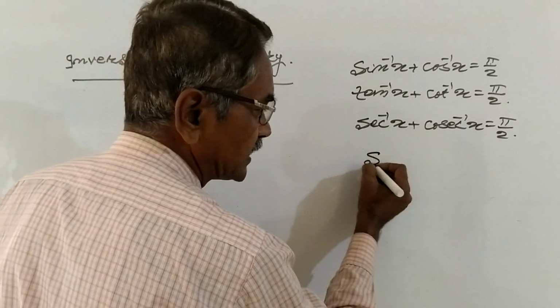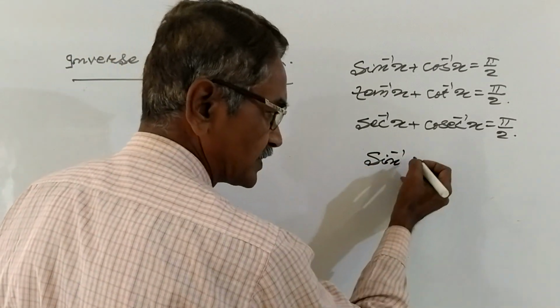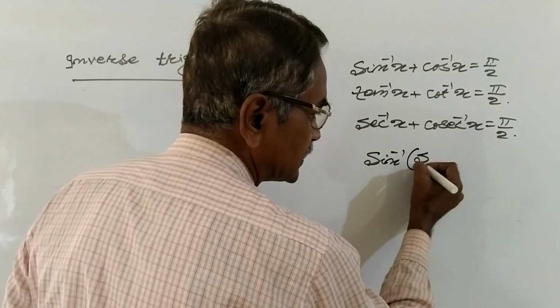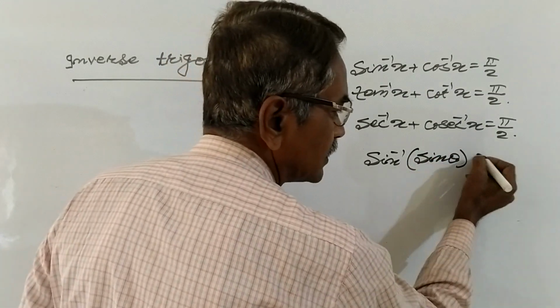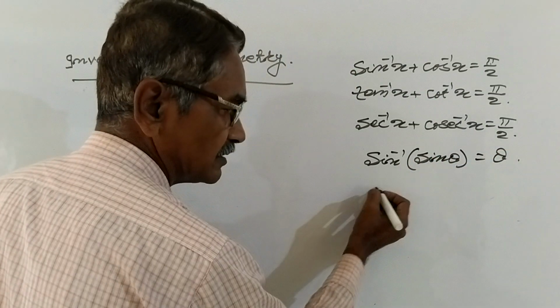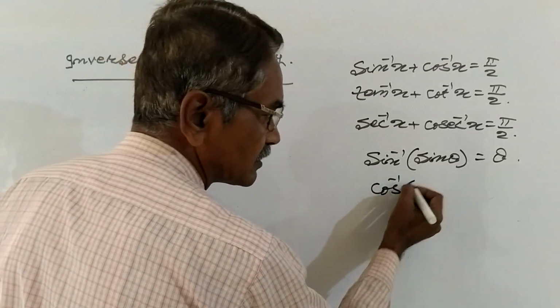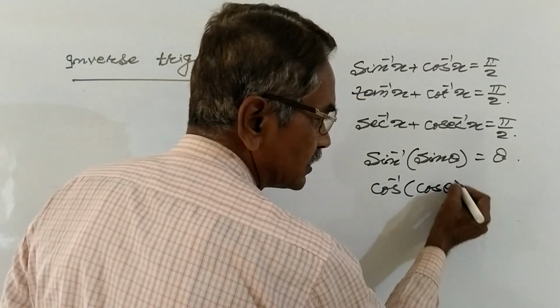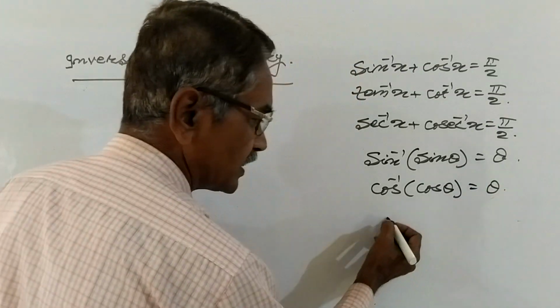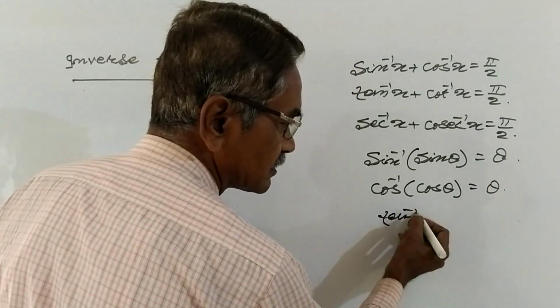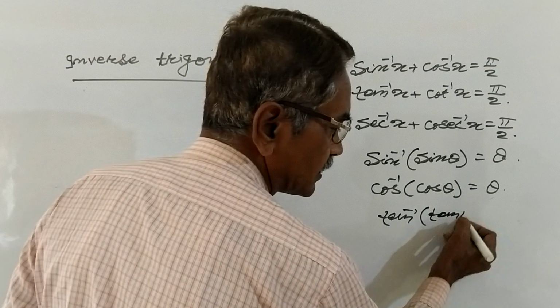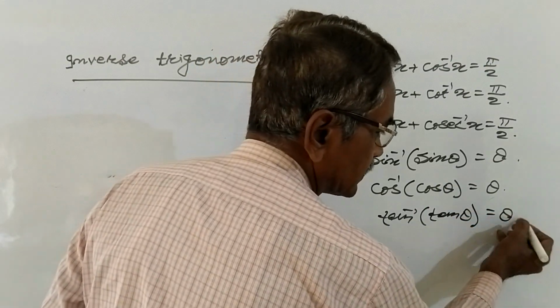Now, sin inverse sin theta equals theta. Cos inverse cos theta equals theta. And tan inverse tan theta equals theta.